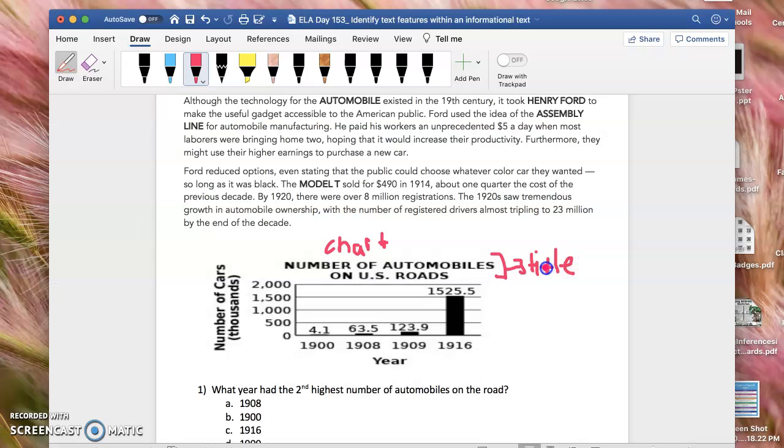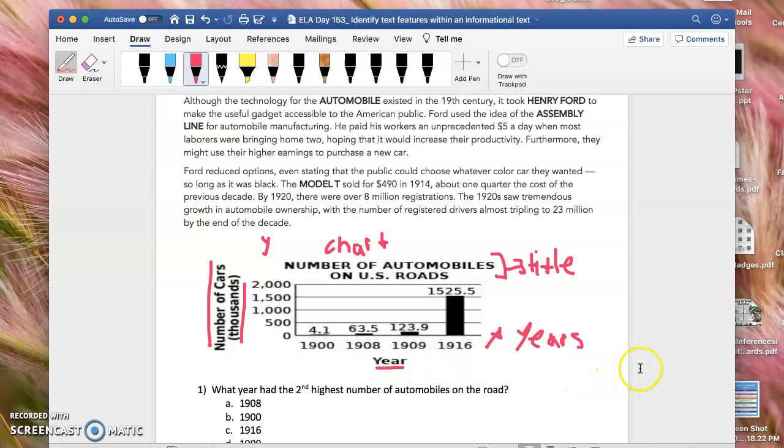And we know automobiles is another word for car. So here is our x-axis. The x-axis talks about the years, right? You always want to label your chart so you can help. It's actually already labeled, but it helps you to understand when you label it again. And then this is your y-axis, of course, which talks about the number of cars, and it talks about it by the thousands.